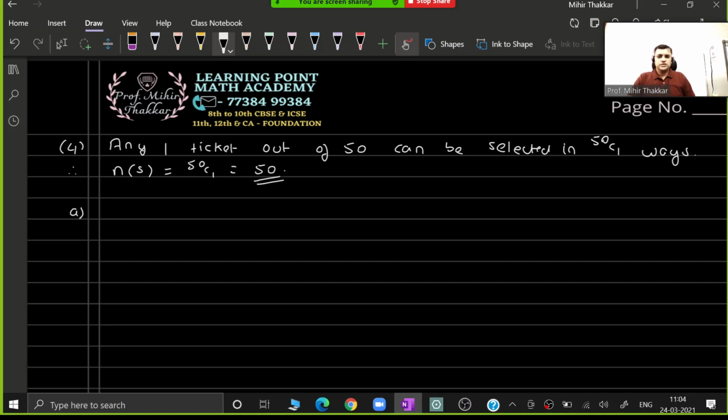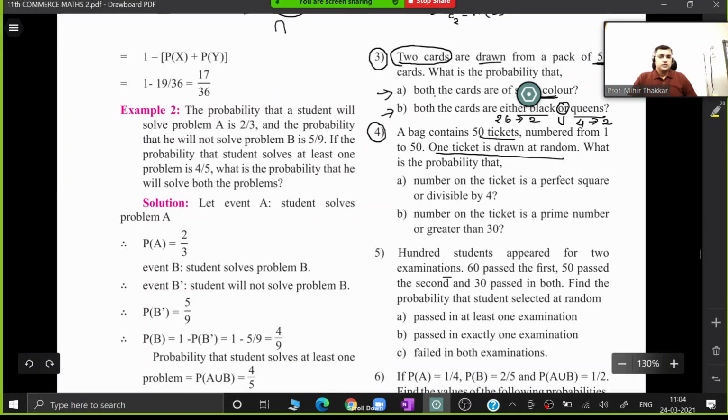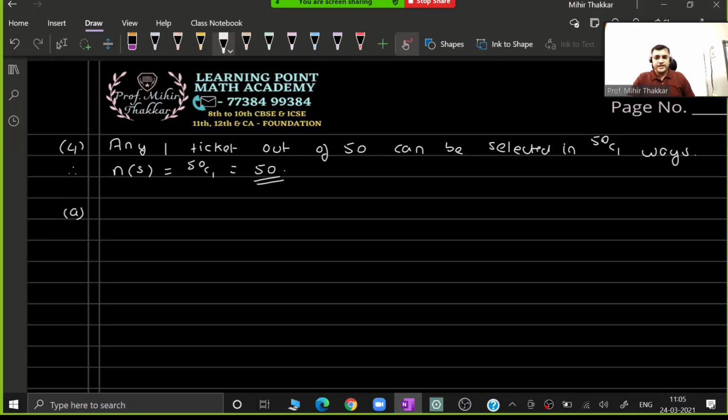Now let us consider the A part of the question, which is asking us the number on the ticket is a perfect square or it is divisible by 4. So whatever is before "or" is my event A, whatever is after "or" is my event B, as we always do. So I will consider A as the event that the number on the ticket is a perfect square.